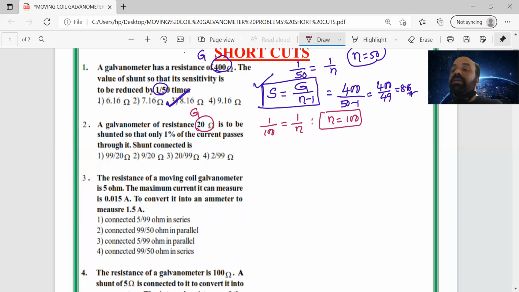For the shunt resistance, we can use the shortcut formula S is equals to G by n minus 1. G value is 20, n is 100, 100 minus 1. So it becomes 20 by 99 ohms. This is the shortcut formula.